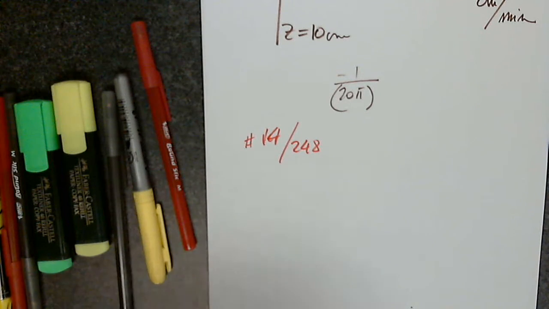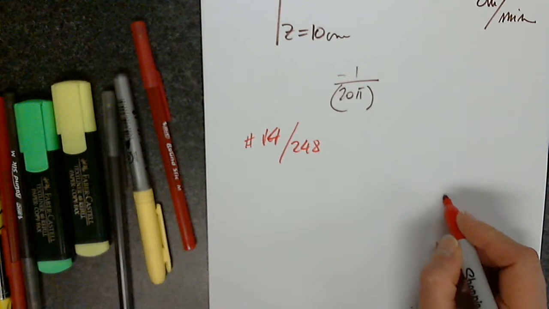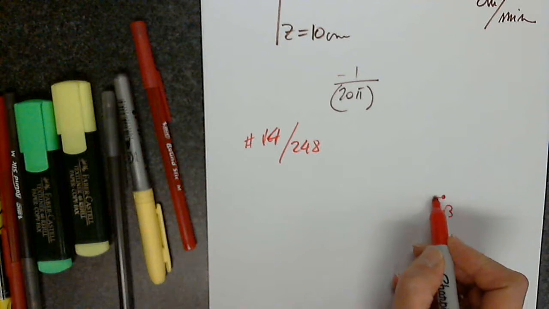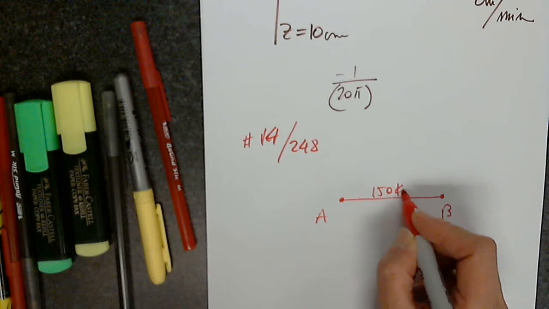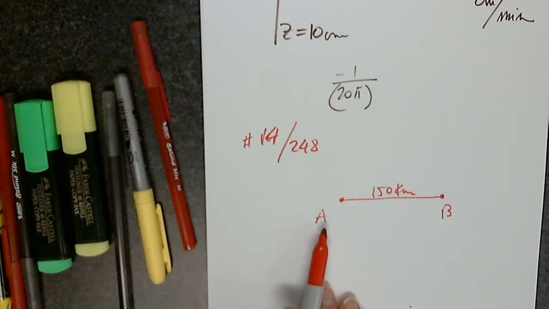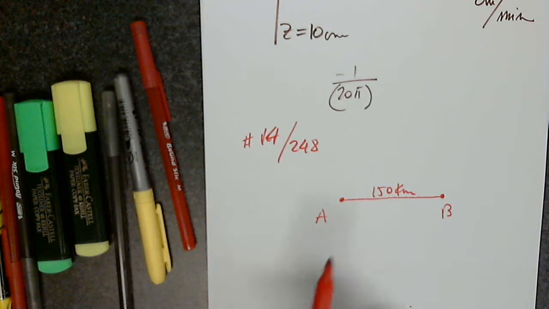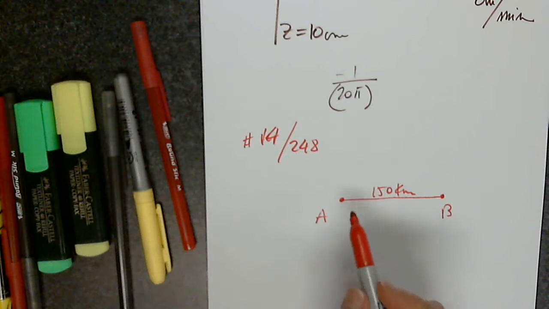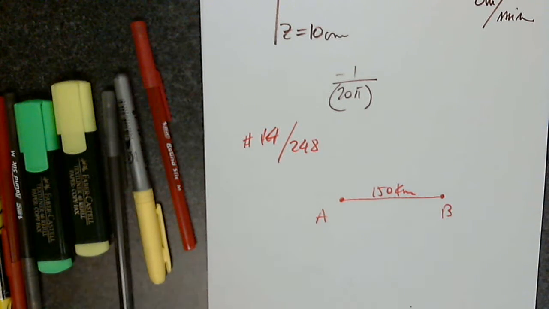At noon, ship A is 150 kilometers west of B. So here's B. Here is A, 150 kilometers. A is west of B, 150, at noon. Ship A is sailing east. So A is going this way.